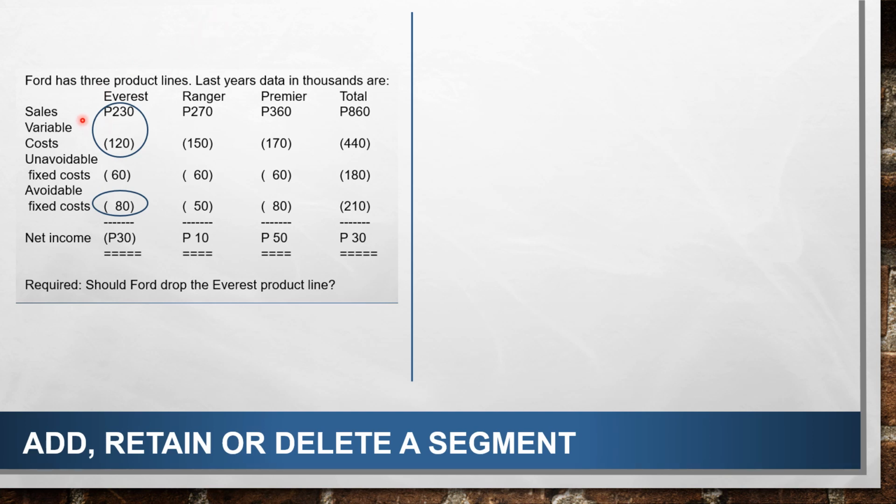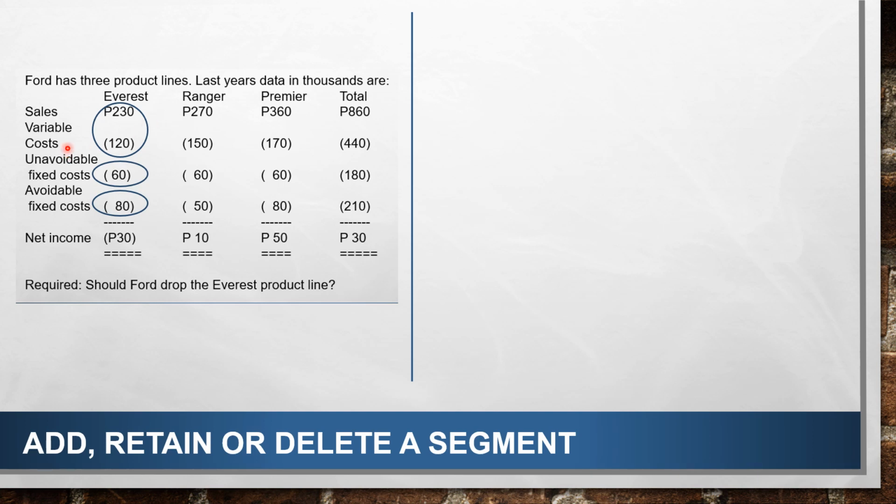It is the allocated fixed cost. If we include Everest, it is allocated into 3 segments. If Everest is dropped, this fixed cost of 60 will just be absorbed by the remaining 2 segments.